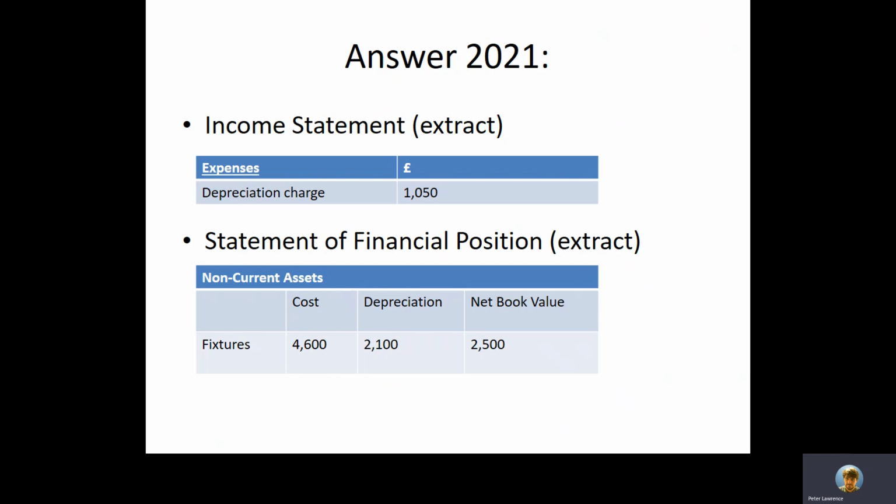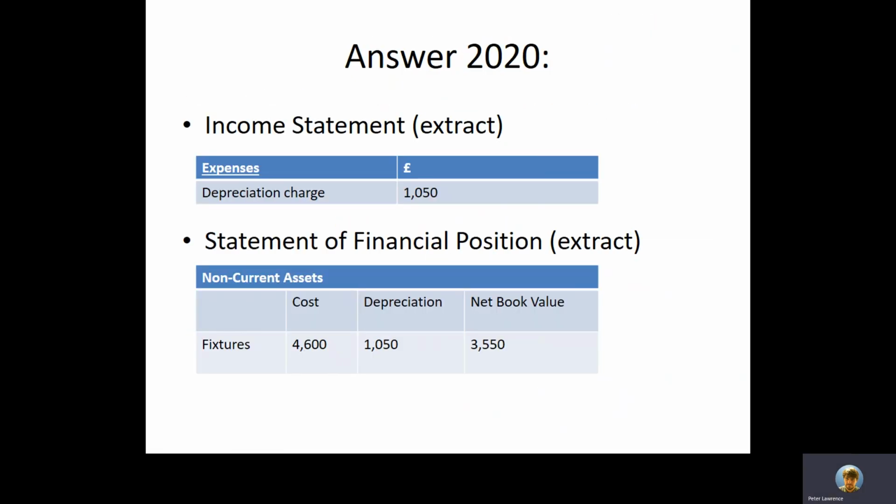When we come to the financial statements, we've again just got the year's charge on the expense. And on the balance sheet, we've got a provision now of 2,100. So the asset is now worth, after 2 years, £2,500. So let's just look at that again.